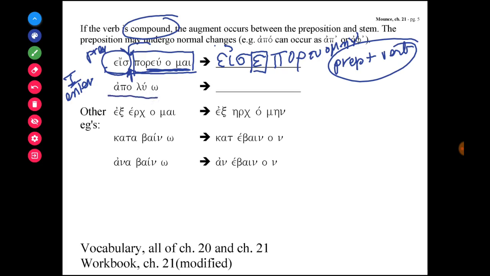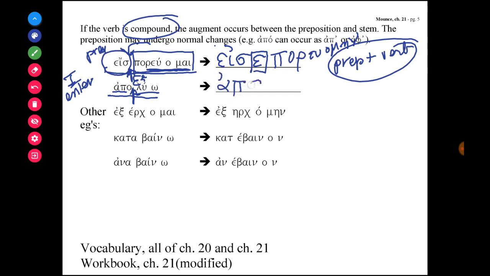ἀπολύω is a stronger word than λύω, I loose. ἀπολύω means to free. And here, the augment would be inserted here. And remember that if you have a preposition ἀπό, and the word following it begins with a vowel, in this case, we're inserting an augment, then the form of the preposition is ἀπ'.